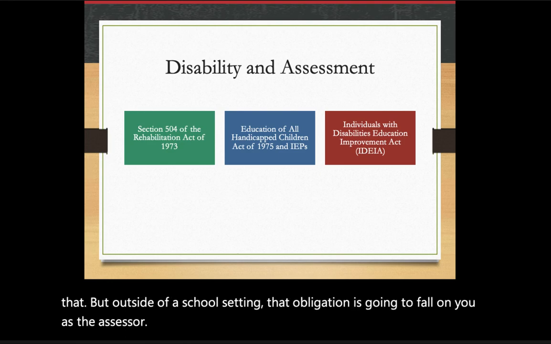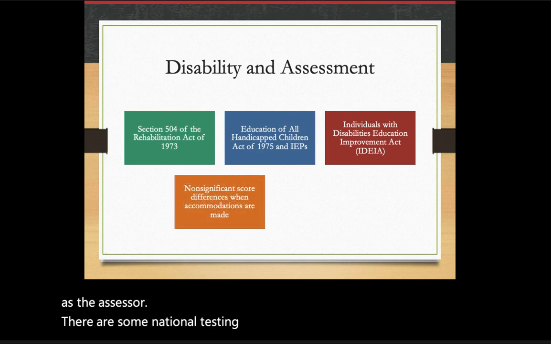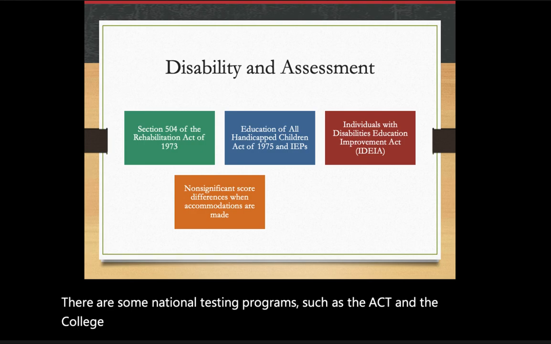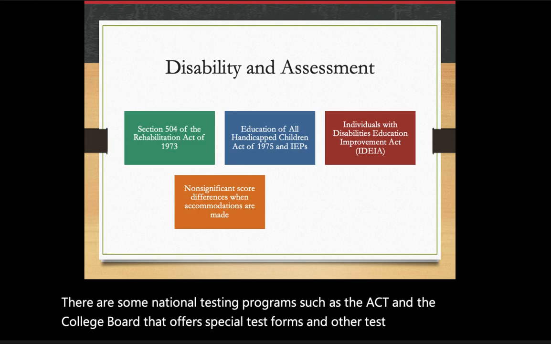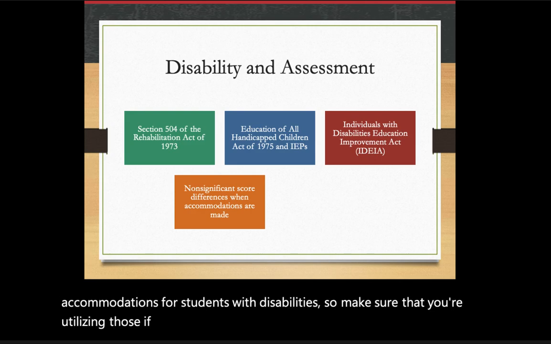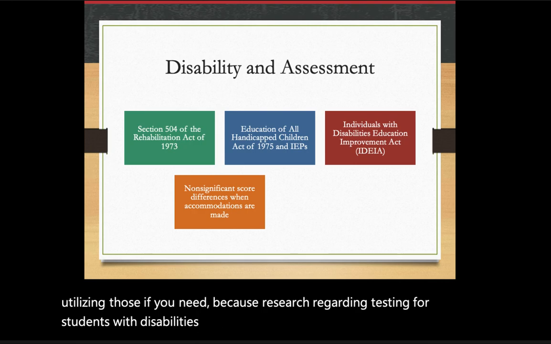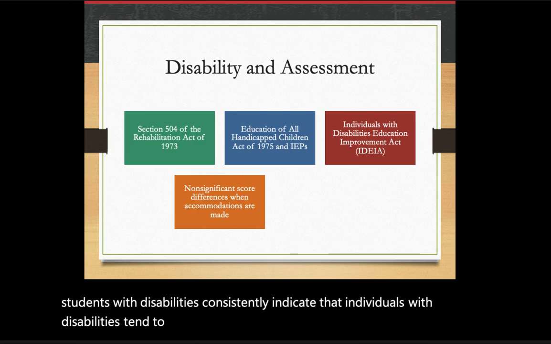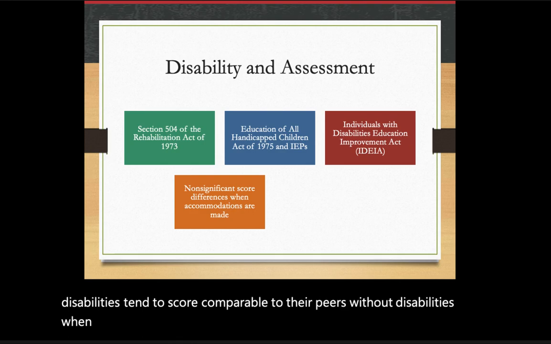There are some national testing programs, such as the ACT and the College Board, that offer special test forms and other test accommodations for students with disabilities. So make sure that you're utilizing those if you need, because research regarding testing for students with disabilities consistently indicates that individuals with disabilities tend to score comparable to their peers without disabilities when appropriate accommodations are made.